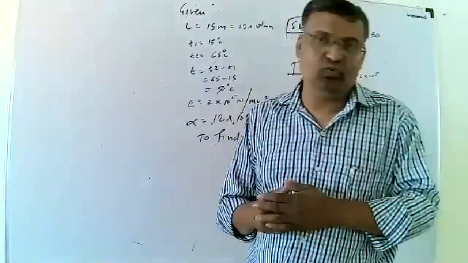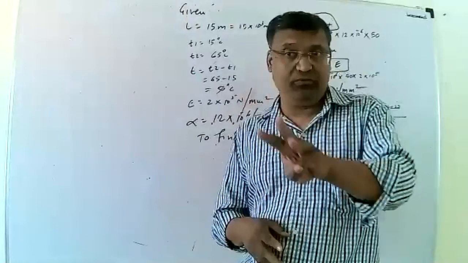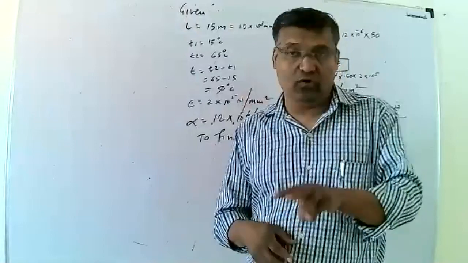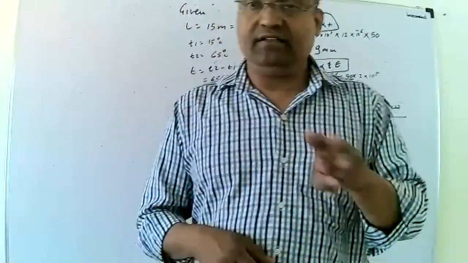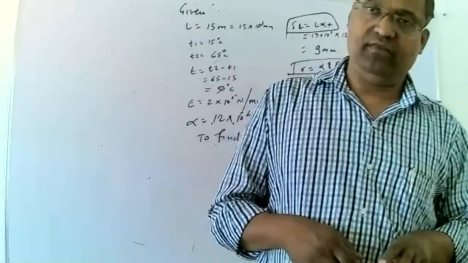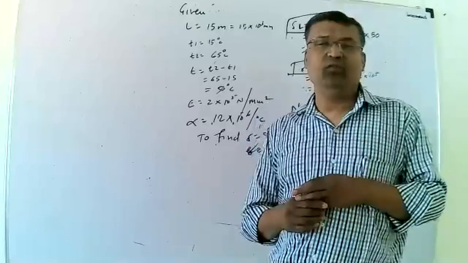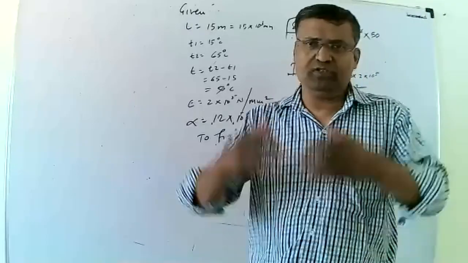When the body is subjected to any kind of load, there are three kinds of load from this point of view: gradually applied load, suddenly applied load, and impact load or falling load. What will happen? The body is deformed and work is done upon it.